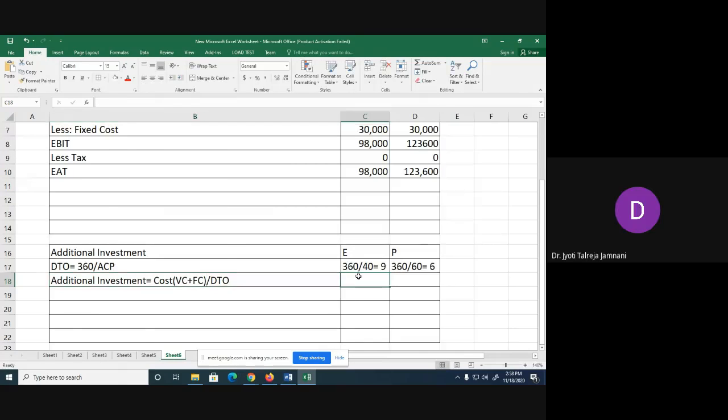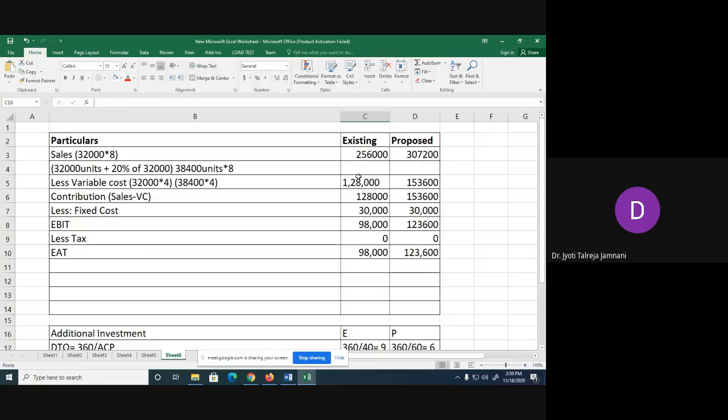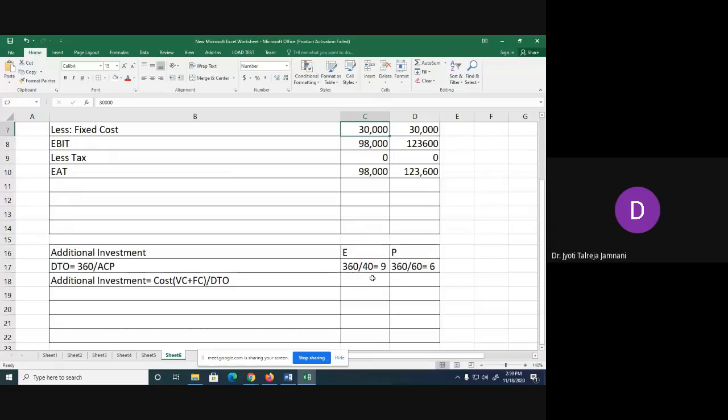So now we'll add both. 1,28,000 is variable cost and 30,000 was fixed cost. So 1,28,000 plus 30,000 is 1,58,000. 1,58,000 divided by the debtors turnover ratio of 9 times. So 1,58,000 divided by 9, 17,555.55, I will take it as 17,556 because I'll round it off.